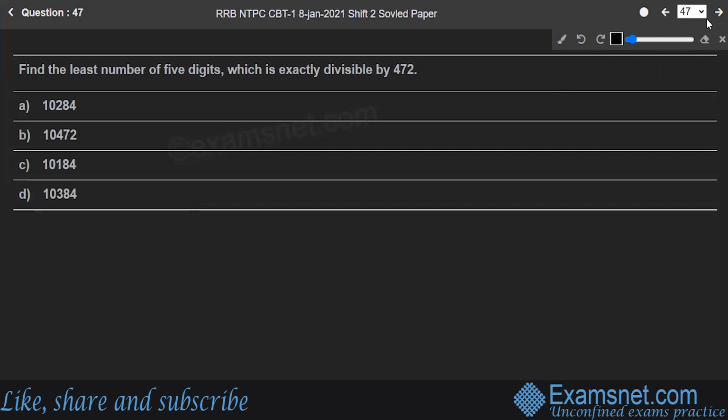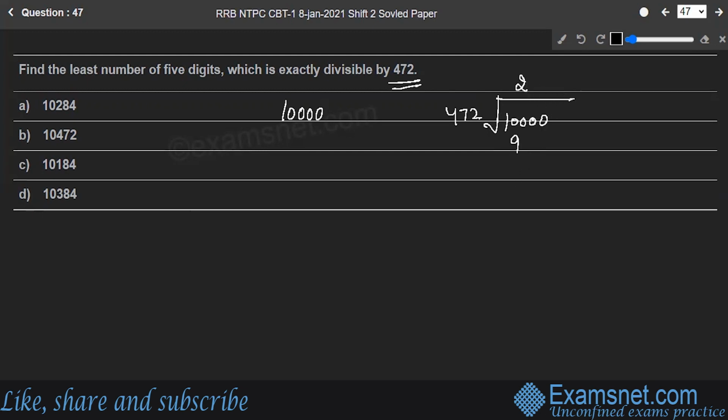Find the least number of 5 digits which is exactly divisible by 472. So first thing, what is the least number of 5 digits? It's 10,000. I want the least number which is exactly divisible by 472. So if I'm dividing this by 472, first of all, it will go 21 times.